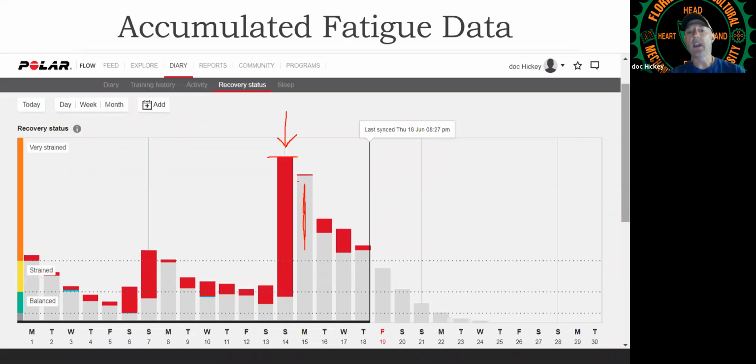The next day, when I woke up, I was already bringing in this amount of fatigue to my day. What this is telling me as a coach or as a practitioner is that from a cardiovascular standpoint, from a metabolic standpoint, my body is in a state of deep fatigue.